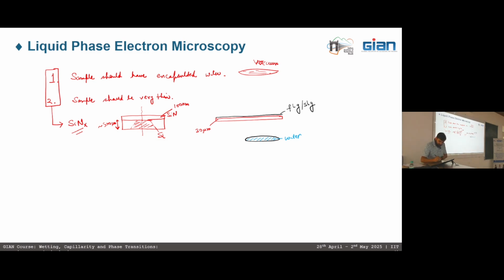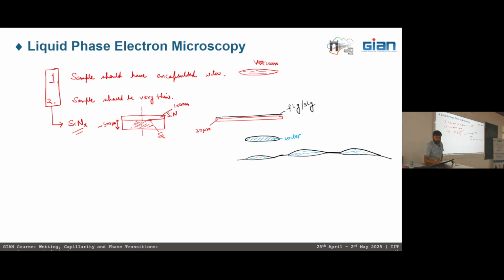Usually when you observe inside a TEM, you get some sort of these kinds of regions. So these are called water pockets, and these water pockets are what you observe using the TEM.